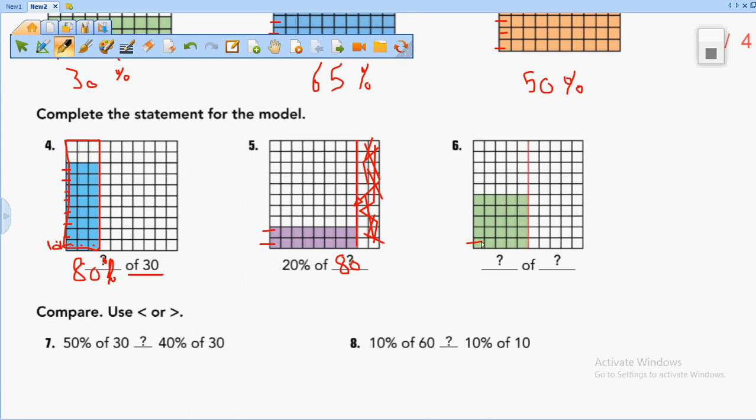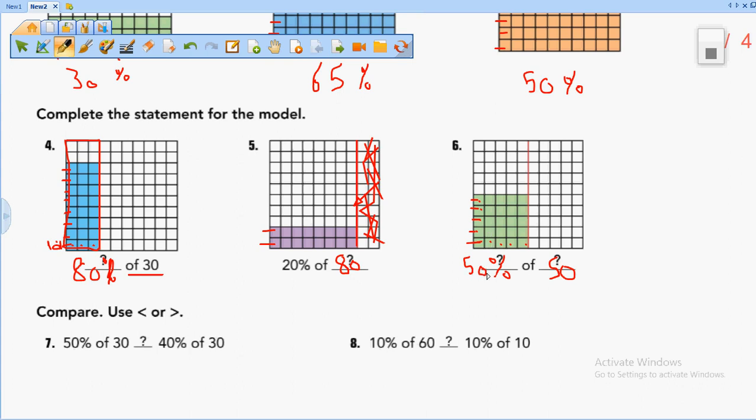Look here, 10, 20, 30, 40, 50. That means 50% of what? Count total parts. 1, 2, 3, 4, 5 by 1, 2, 3, 4, 5, 6, 7, 8, 9, 10. 5 times 10, it's 50. So here we have 25 parts shaded.